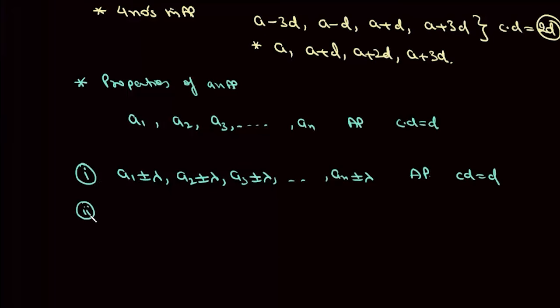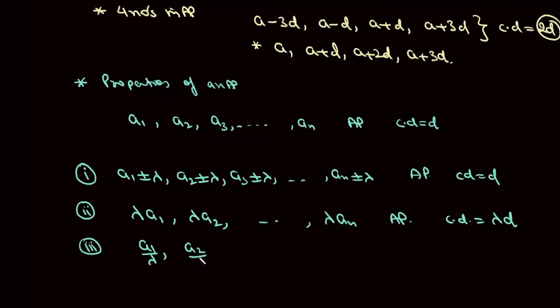Second one is, if we multiply all these terms by the same constant, it will again be an AP. So if we have some constant, say lambda, and we multiply all the terms, lambda A1, lambda A2, ..., lambda An, then this again will be an AP, and its common difference now will be lambda D. In the same way, if we divide by some non-zero constant also, so A1 upon lambda, A2 upon lambda, ..., An upon lambda, it will also be an AP with common difference D by lambda.